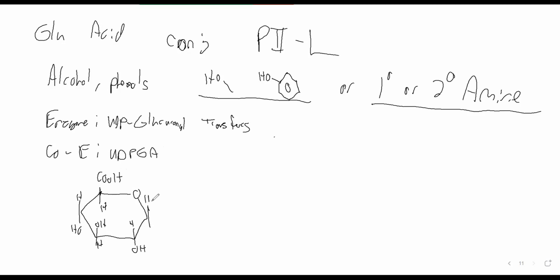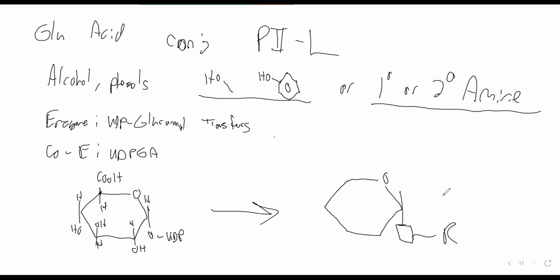So in the up position, we'll have an H. In the down position, originally it's OUDP. After it undergoes it, I don't want to draw the whole thing again, so we'll just draw the ring without the specifics. What you change out is this character here, and this is the attachment.